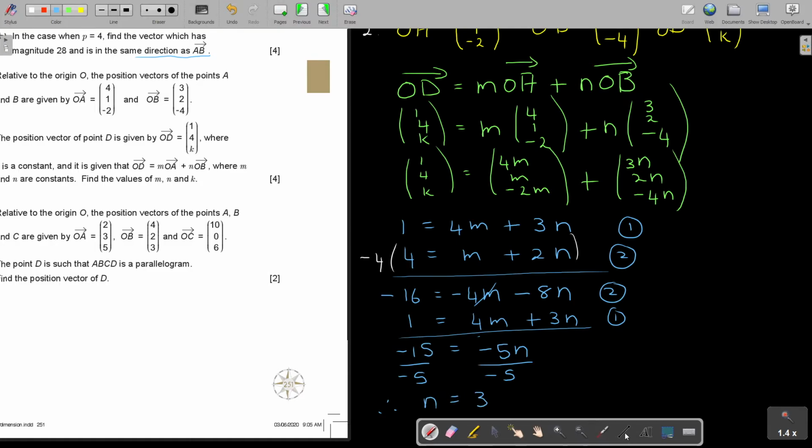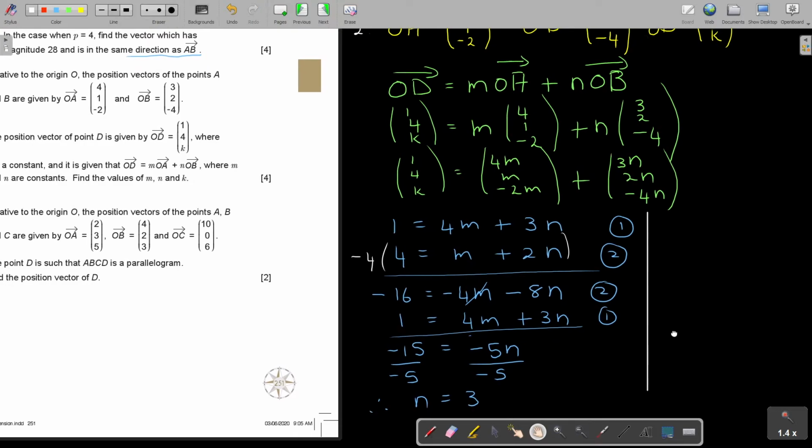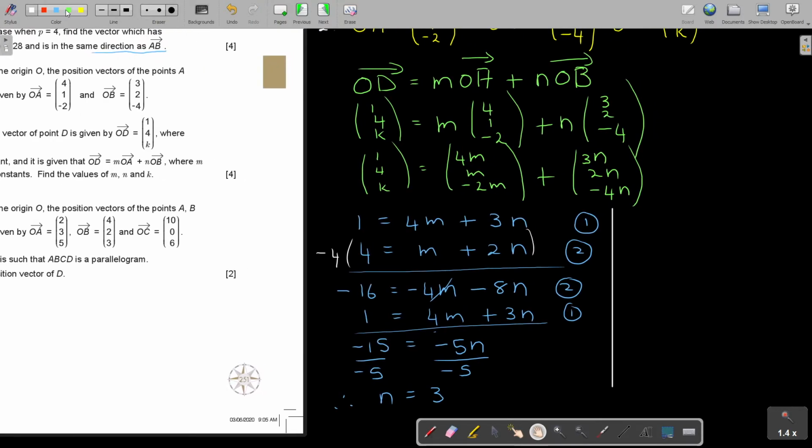Okay, I'm just doing it on the side, so I'm just going to find m also quickly. So just take one of the statements, it doesn't matter which one. 4m plus 3n, and now in the place of n, I put 3.